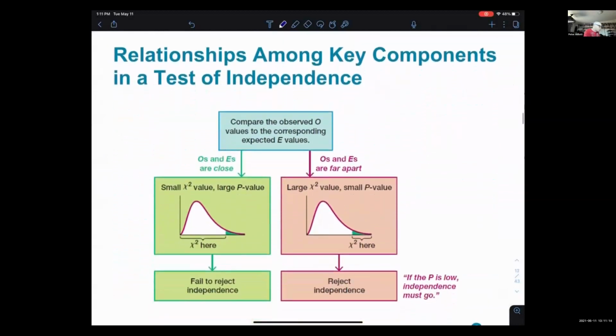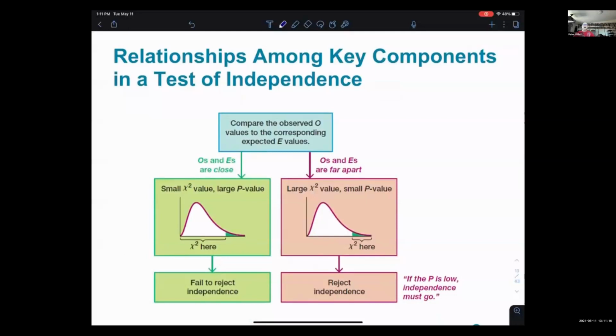So here are the two basic logical ideas of how you're going to assess a hypothesis test for independence. Independence would mean that the difference in expected values doesn't change when you change from one category in one variable to the other. And the chi-square distribution measures the difference with the expectation of equality.